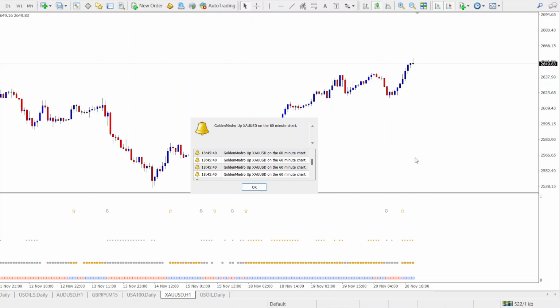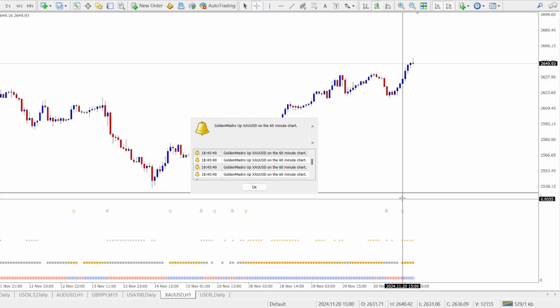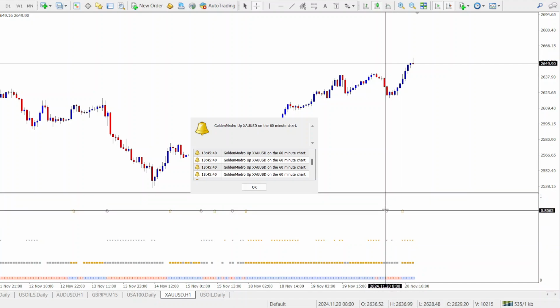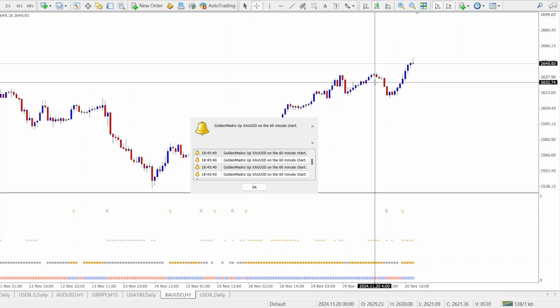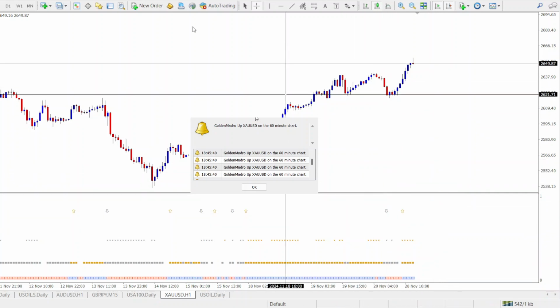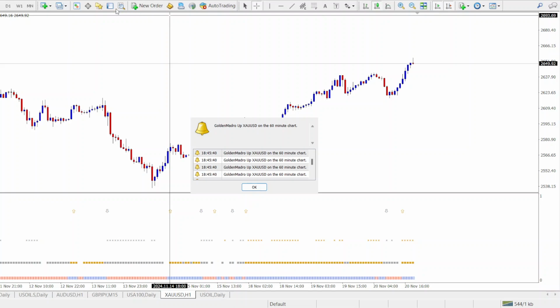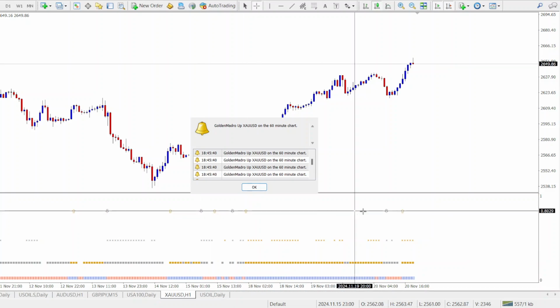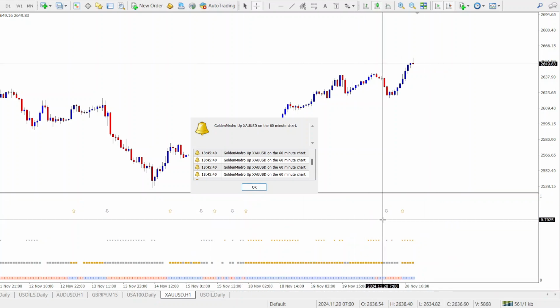When it is time to buy, you're going to see an upward arrow telling you to buy. When it is time to sell, you're going to see a downward arrow telling you to sell, in addition to the alert. Basically, you just have to be watching out for the arrows.